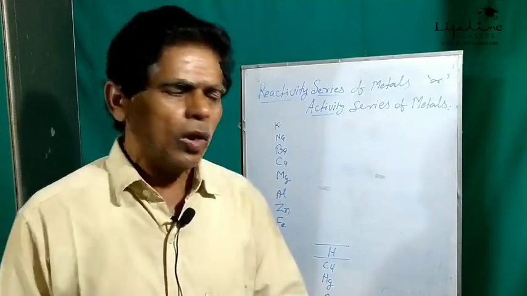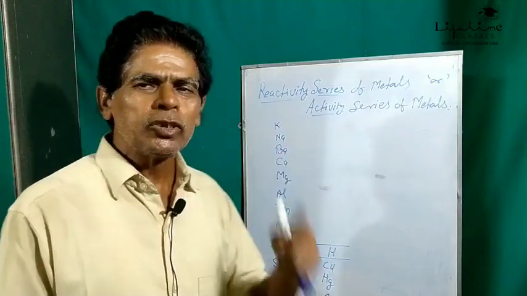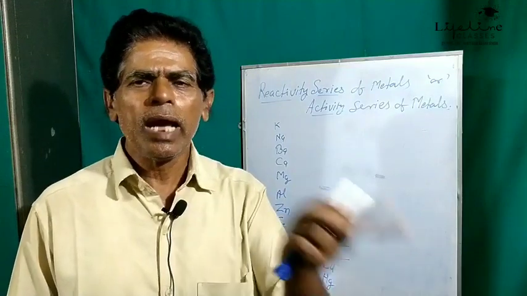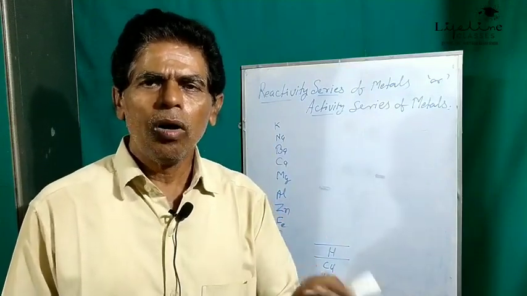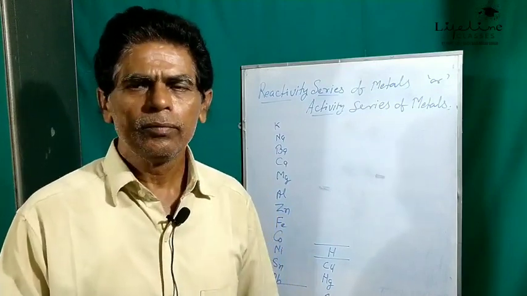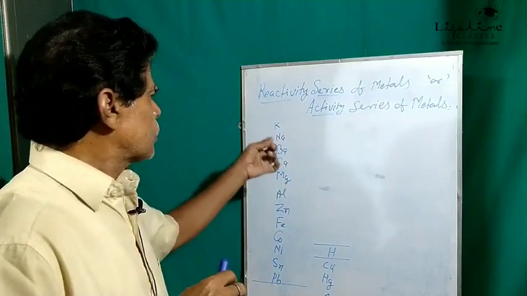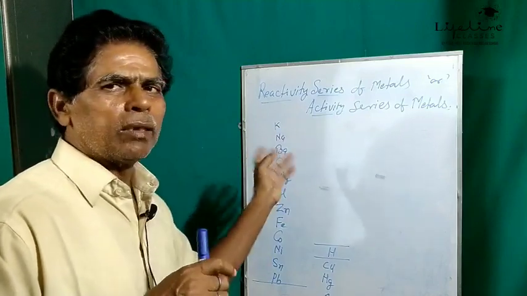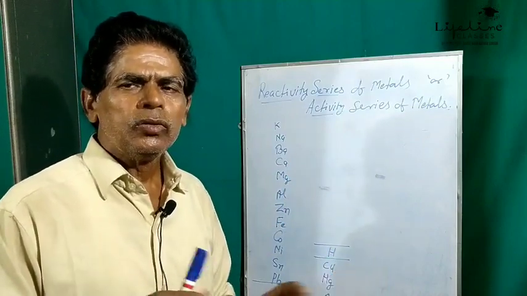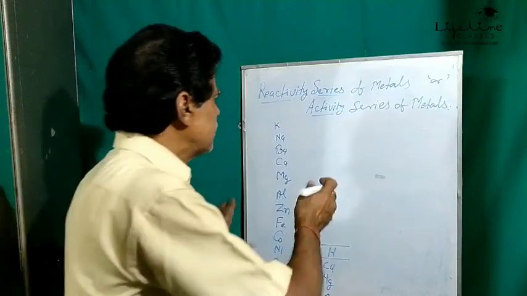Just as I have told you, the metals lying above hydrogen have the tendency to replace hydrogen gas from the dilute acids, or liberate hydrogen gas when treated with dilute acids. Just like when potassium, sodium, barium, calcium, magnesium, etc. are treated with hydrochloric acid, they liberate hydrogen gas like this.